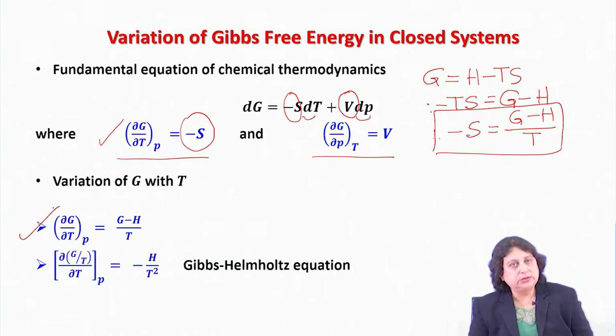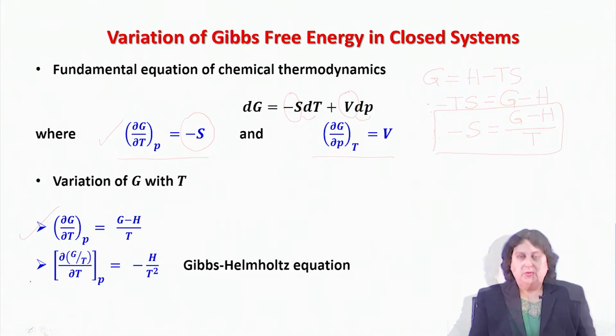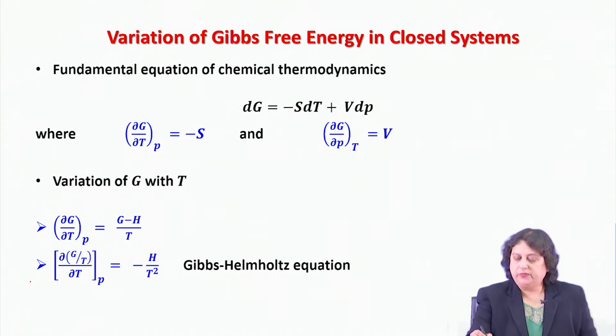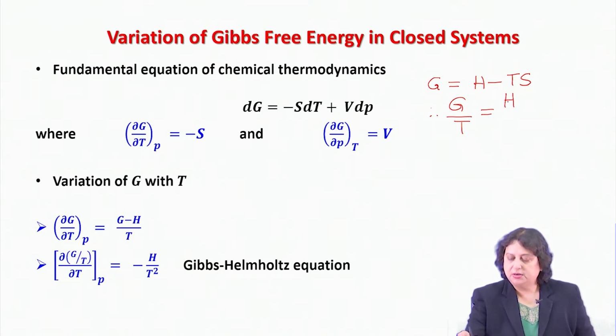Now, I can also write down the variation of G with temperature in a slightly different way. What is G by T? Following the definition of G, G is equal to H minus TS. Therefore, G by T is equal to H by T minus S. So, what is minus S?